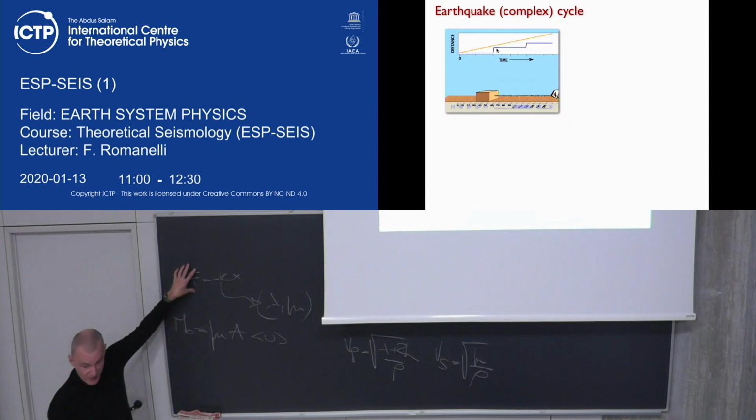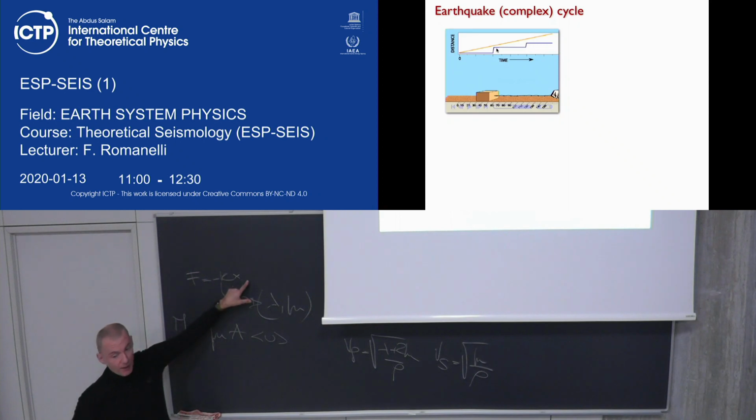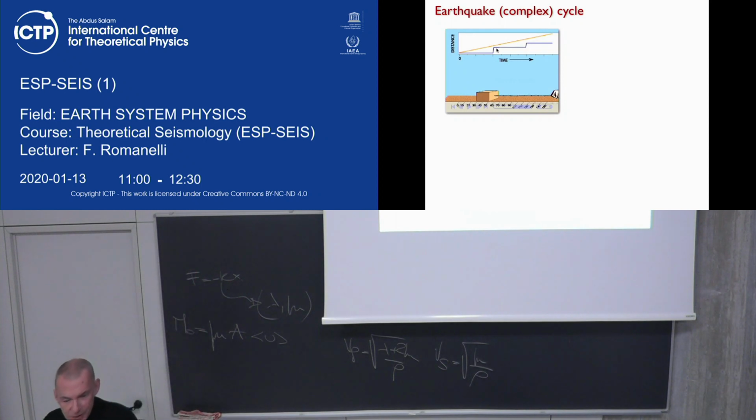So, strain is a tensor made by pure numbers. Stress has the units of Pascal, if you want, better bar, if you want to deal with the Earth. So this has the dimensions of Newton over square meters. What is this?